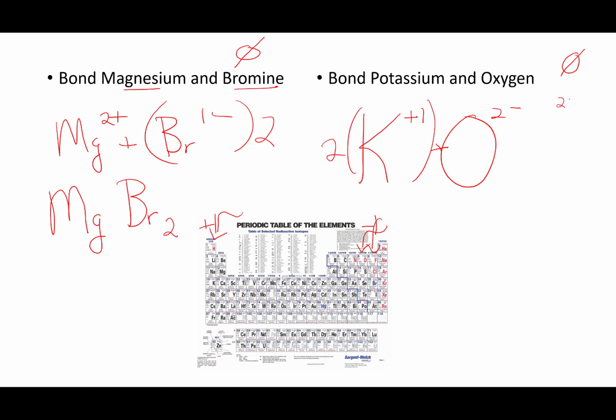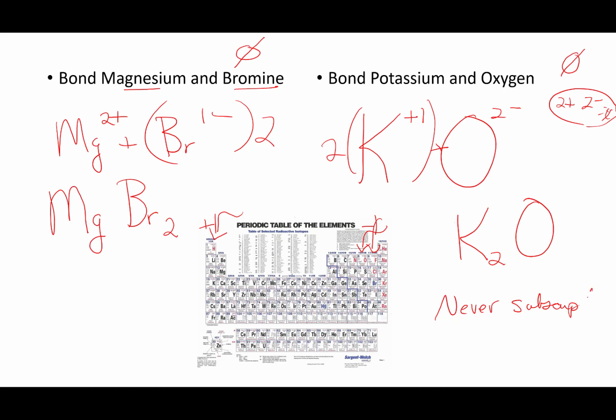So we'd have +2 and -2, and we would end up with a total of 0. And we would write it 2 potassiums, 1 oxygen. And never, ever, never, if you recall, never write subscripts of 1 down below. The element symbol all by itself indicates 1 atom. We only write subscripts to indicate more than 1.